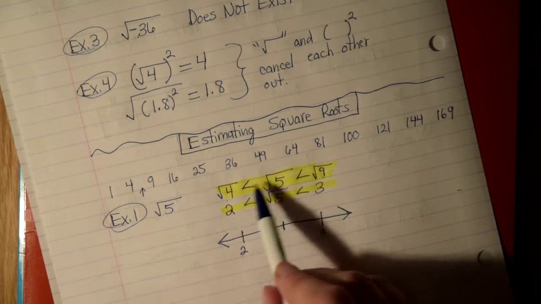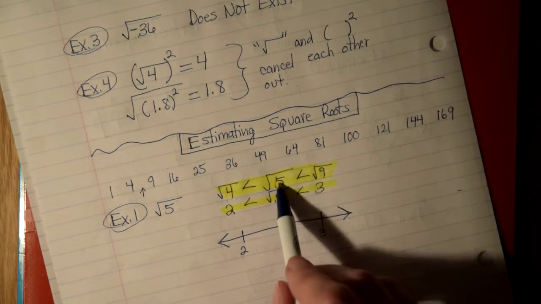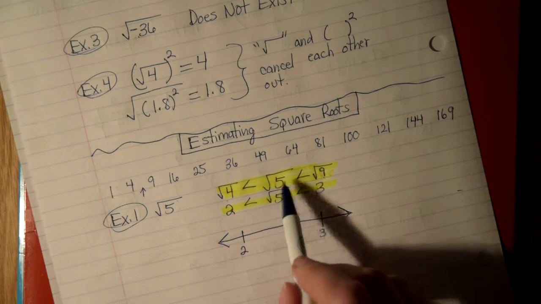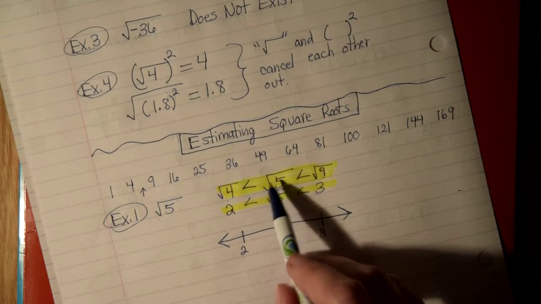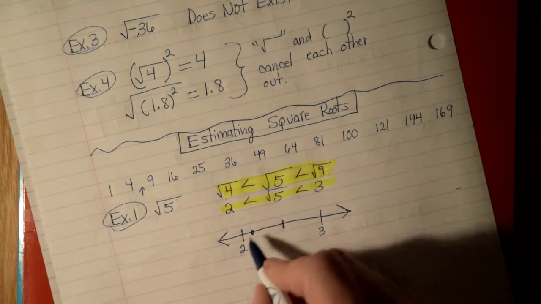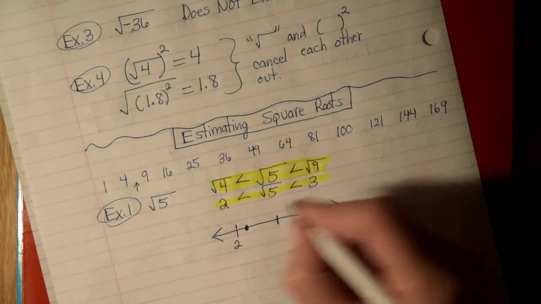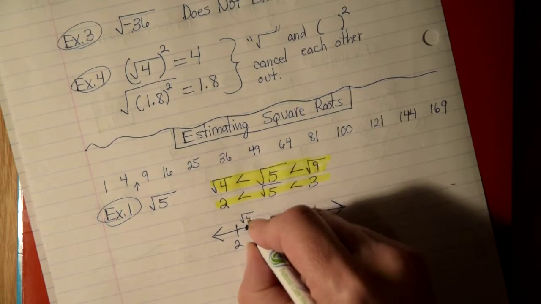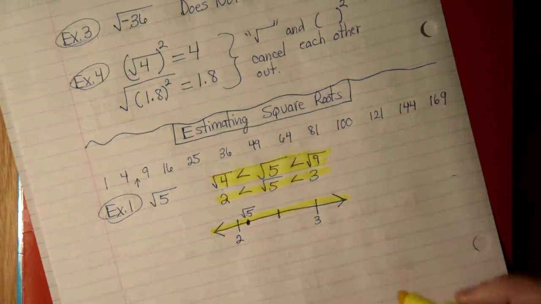So go back and look at your original inequality, and you have to ask yourself, is 5 closer to 4 or 9? It's closer to 4. That means its square root is going to be closer to 2. So somewhere in the left half, you're going to put your point. This is where the square root of 5 is. So the third thing you're going to show me is this line right here.